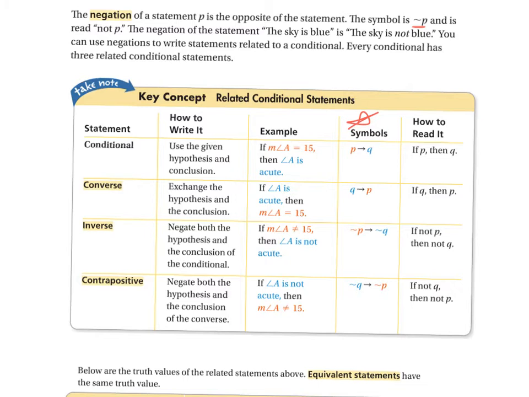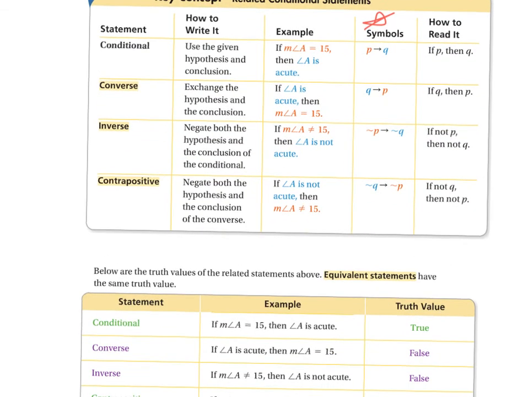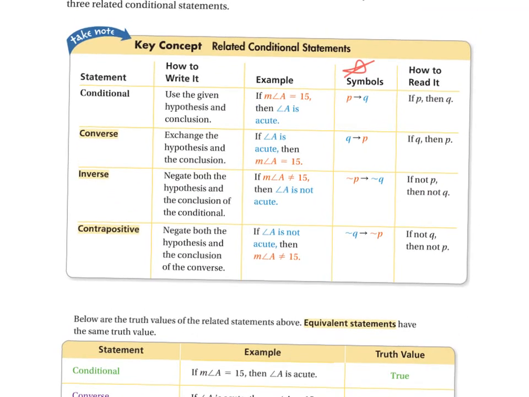The inverse is if not P, then not Q. You do the negation of both P and Q, and it comes in order of not P, then not Q. The contrapositive would be you switch them, like you did on the converse, and you do the negation. So if not Q, then not P. I know this stuff is a little weird. It'll start making sense once you do it more, but definitely save this chart and it will help you.